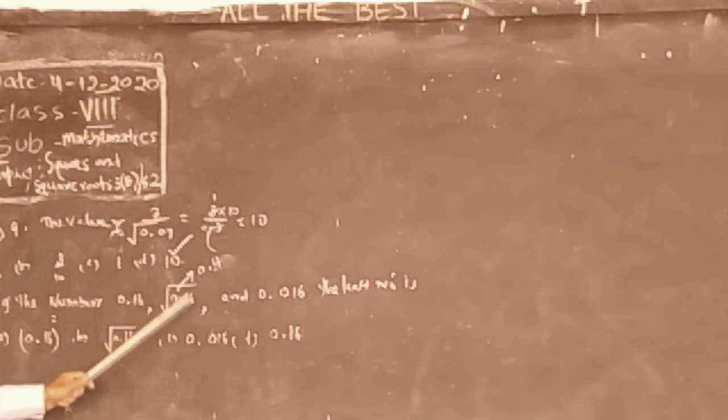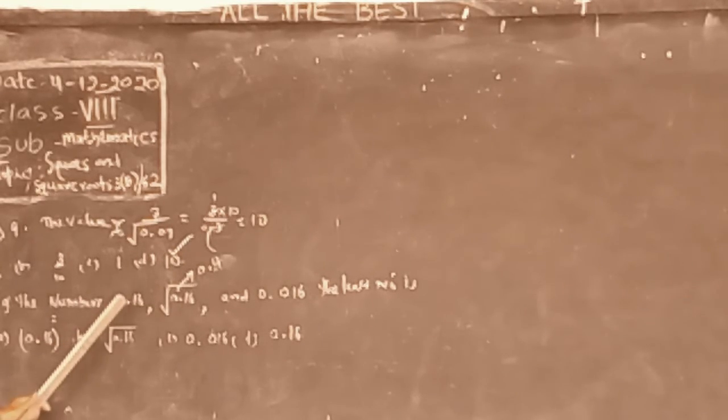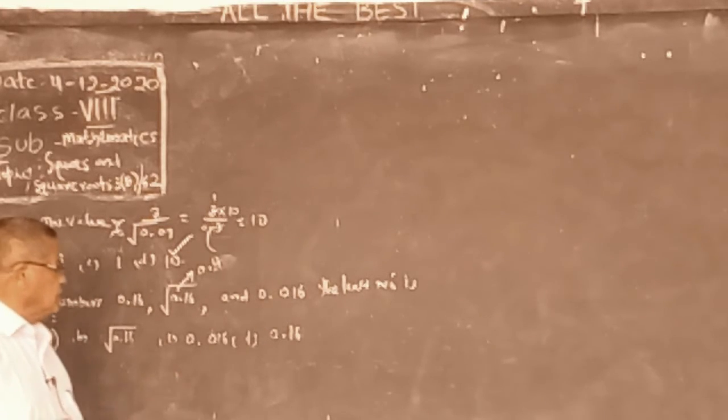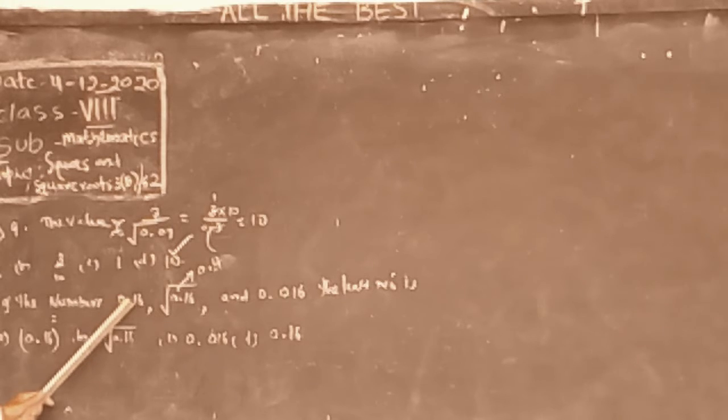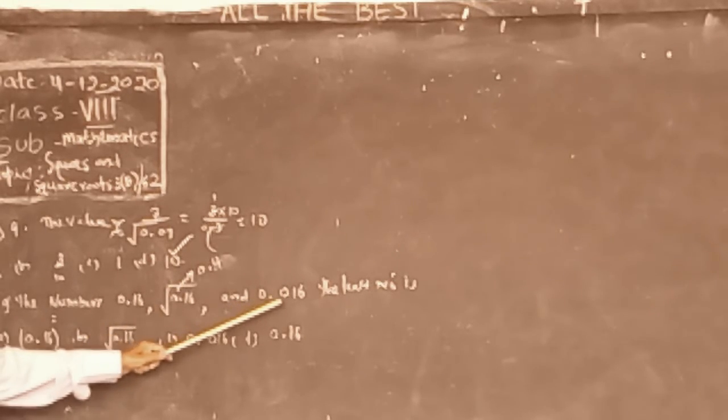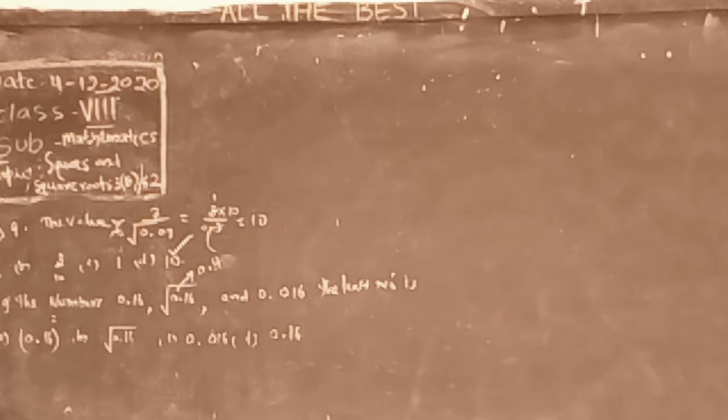So this is the greater number. The least number is asked. The least number has 3 places. So this is the least. Here first place 1. Here first place 4. Here first place 0. So the least number asked is the least. So 0.016. C correct.